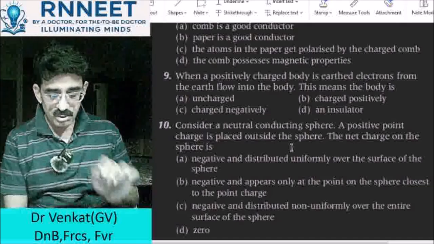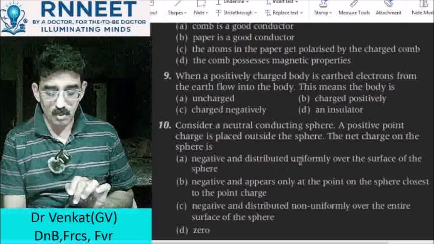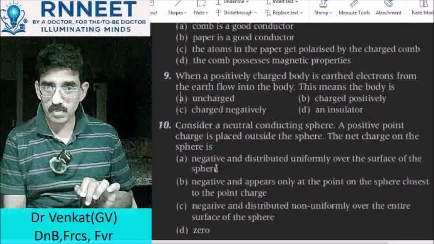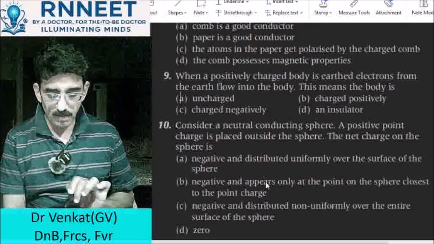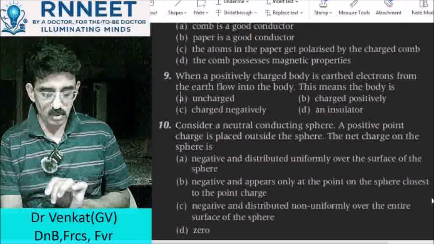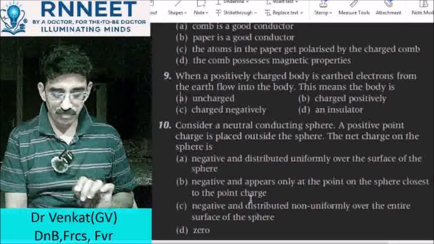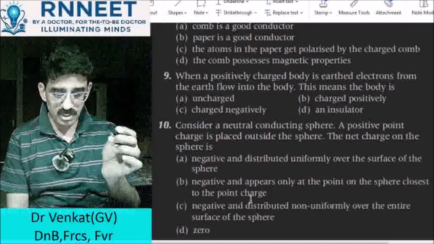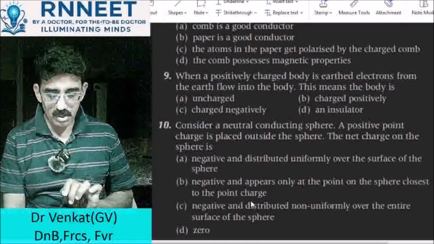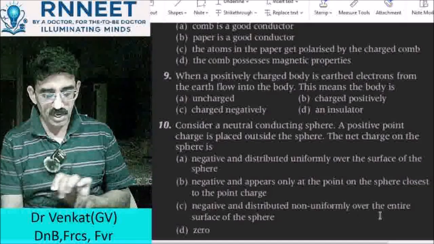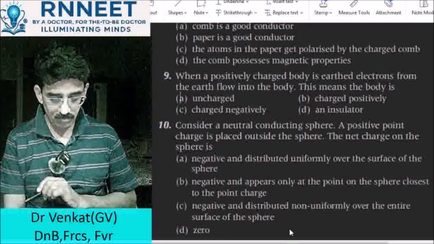The options: the net charge on the sphere is negative and distributed uniformly over the surface; negative and appears only at the point closest to the point charge; negative and distributed non-uniformly over the entire surface; and the last option is 0.